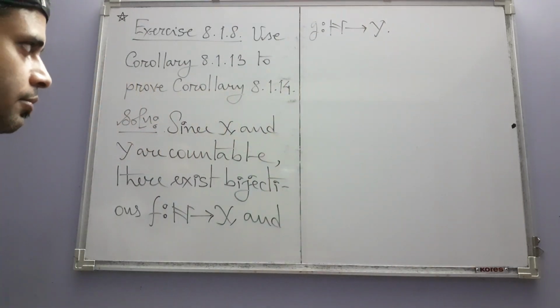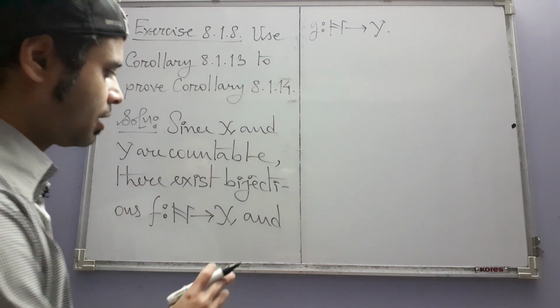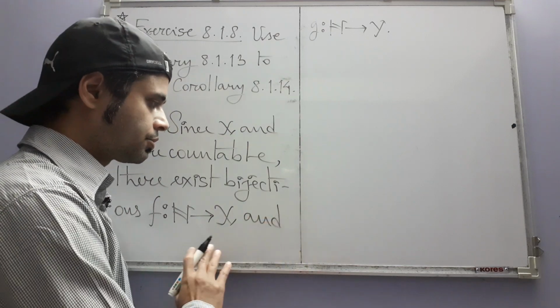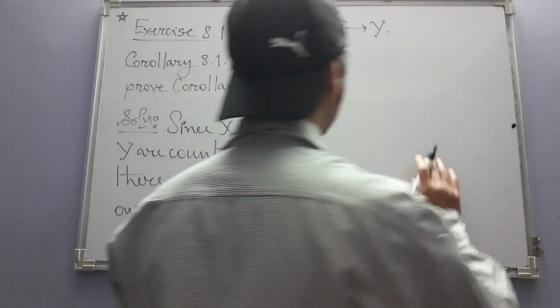Now in this case we again will set up a function, but now not between x cross y and N, but between x cross y and N cross N, because that's much easier.